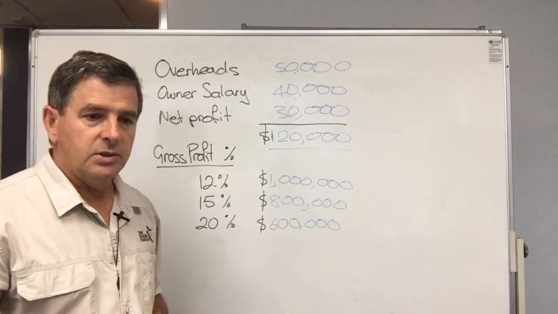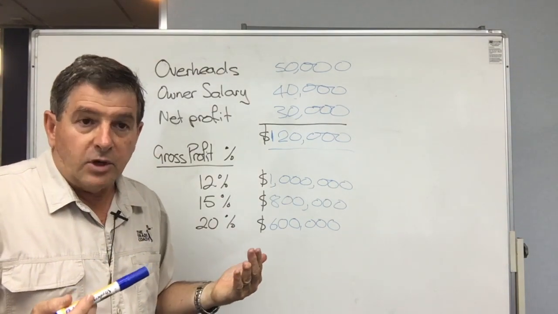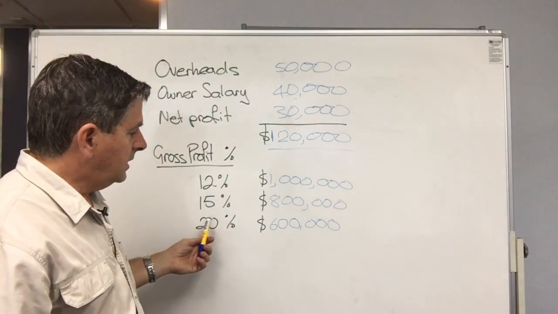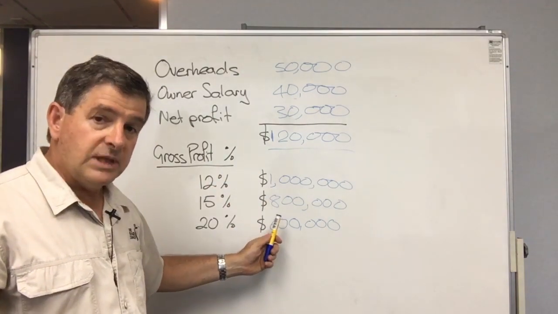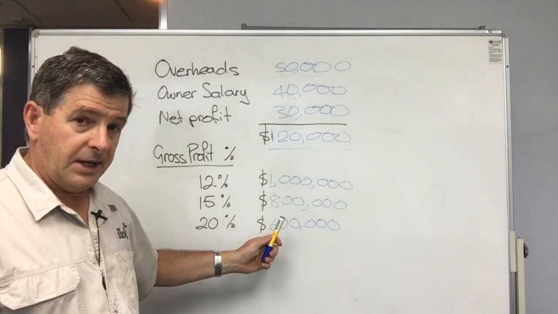And the more work you do, you've got to manage all that work. So to me, if you can increase your profitability, you can afford to do less work and still make the same kind of money.